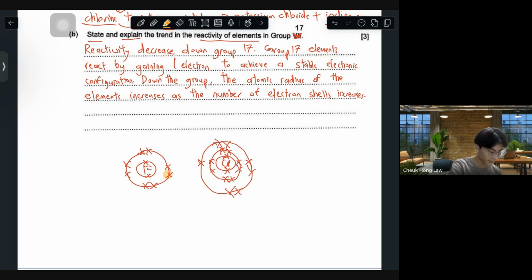Sorry, fluorine should have 7 valence electrons.